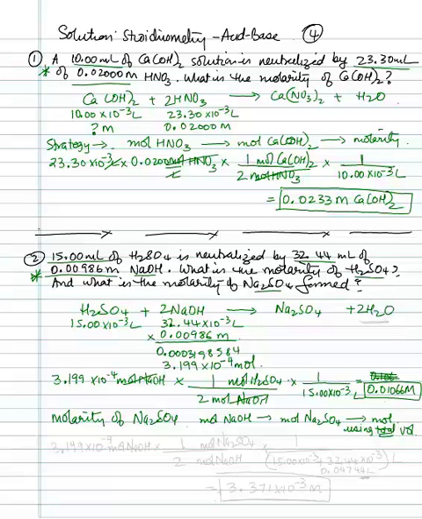So moles of sodium hydroxide we already have, which is 3.199 times 10 to the negative 4 moles of sodium hydroxide times the mole ratio of sodium hydroxide to sodium sulfate, and that is 2 moles of sodium hydroxide to 1 mole of sodium sulfate.